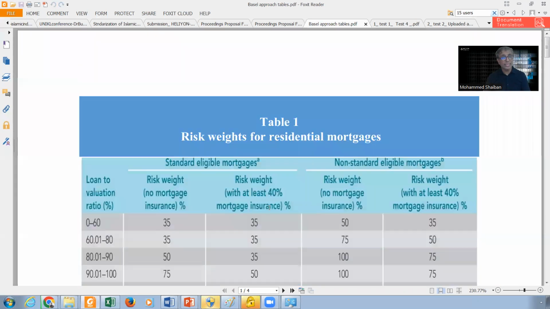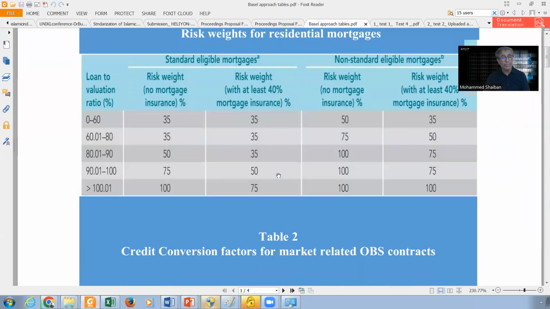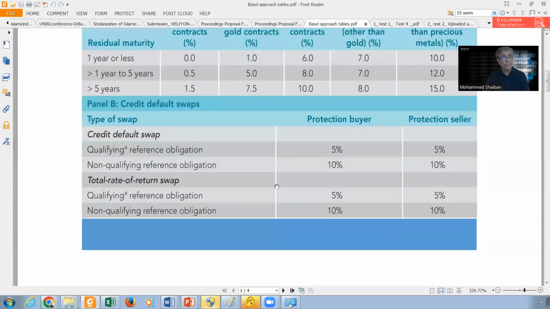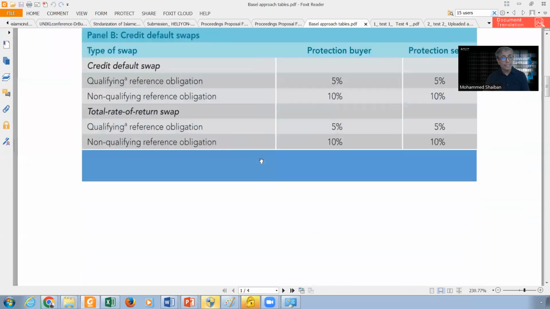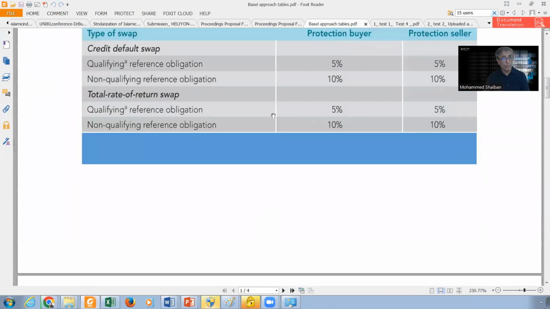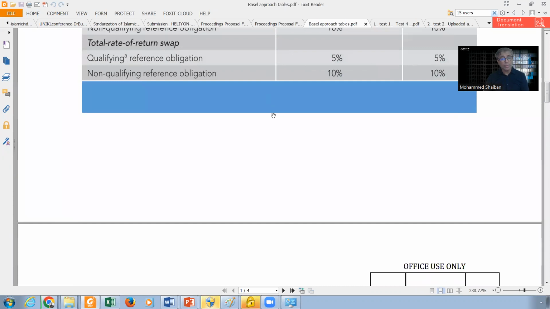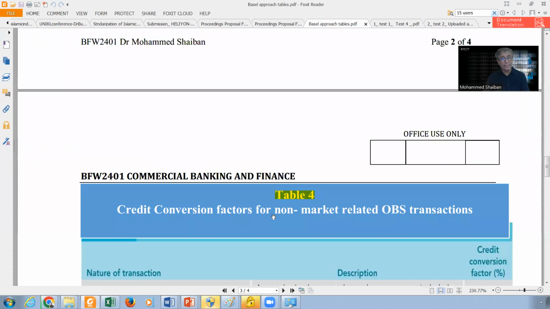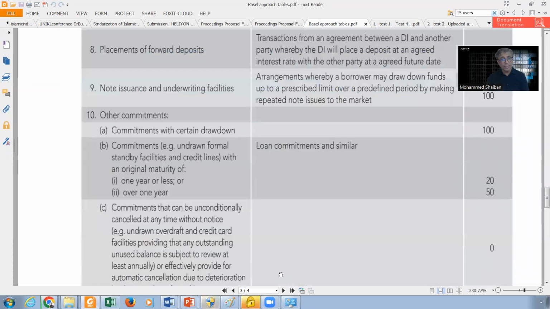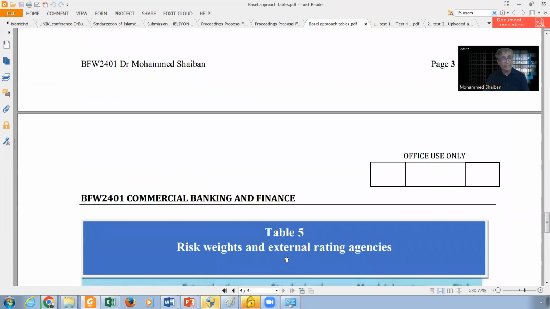Now, as I understand, you can use table 1 and table 2, which is this one, and table 5, this is for the conversion of the non-market related, to calculate the risk-weighted assets for credit risk on balance sheet and off balance sheet.